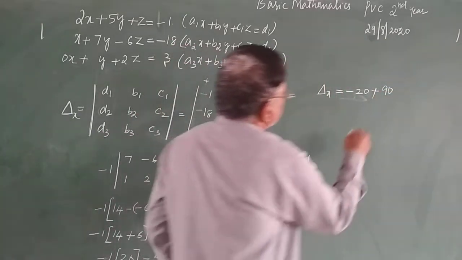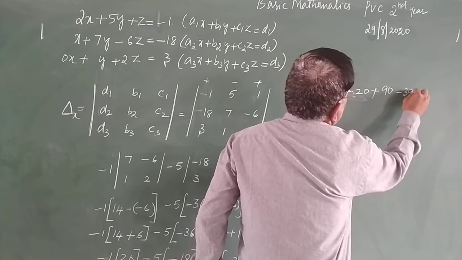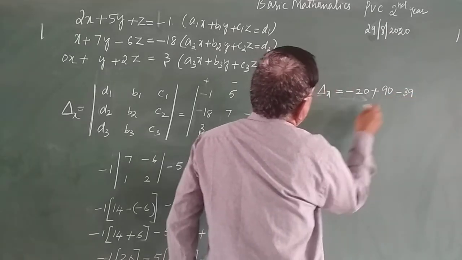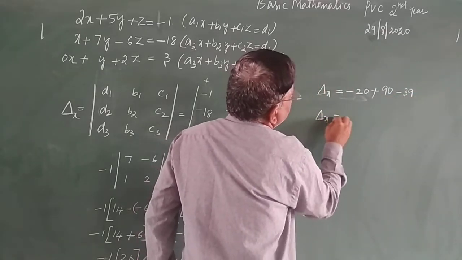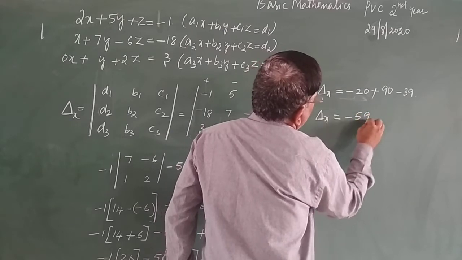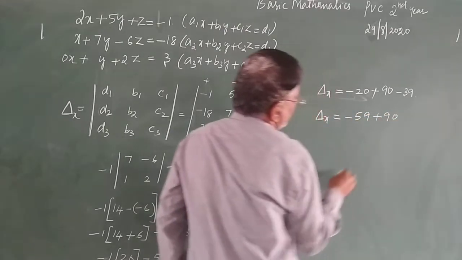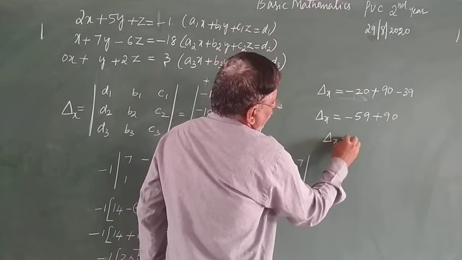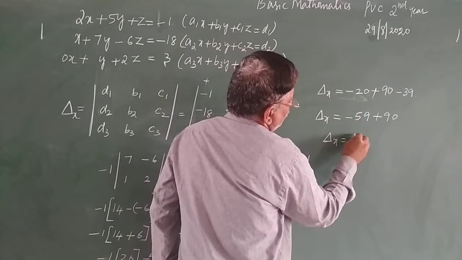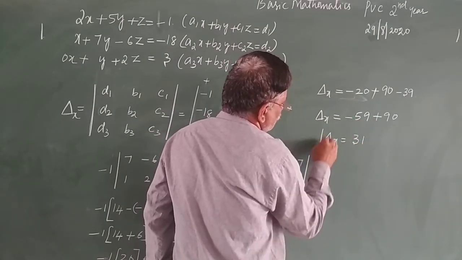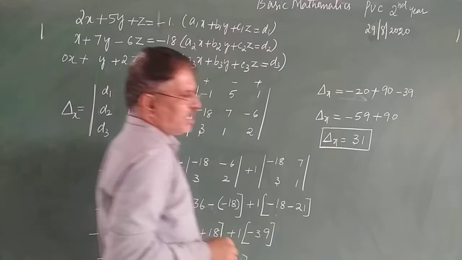Plus into minus 39. So these two negative signs I will add. Delta x is equal to minus 59 plus 90. So the difference of these two will be 31, positive only. So this is delta x.